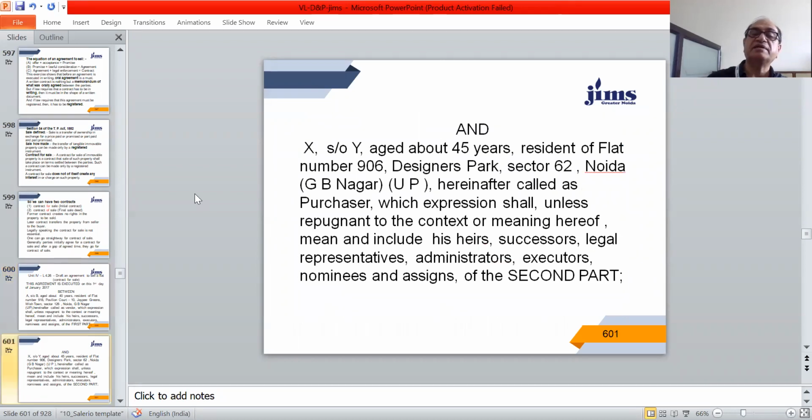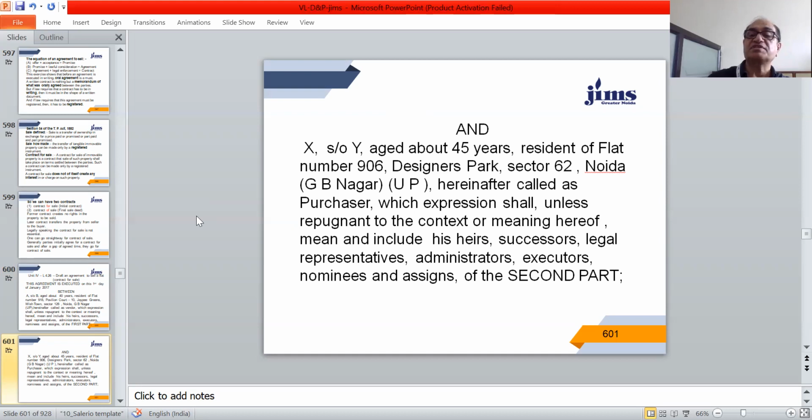And who is the second party? X, son of Y. All names are imaginary. X, son of Y, aged about 45 years, resident of flat number 906 Designers Park, Sector 62 Noida, Gautam Buddha Nagar UP, hereinafter called as purchaser, which expression shall, unless repugnant to the context or meaning thereof, mean and include his heirs, successors, legal representatives, administrators, executors, nominees, and assigns of the second part.